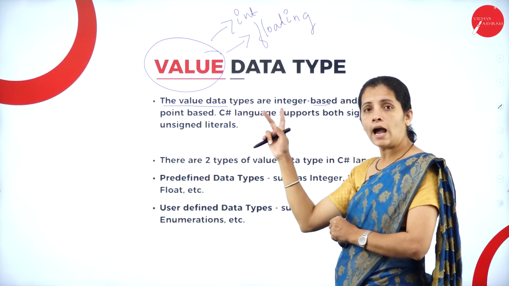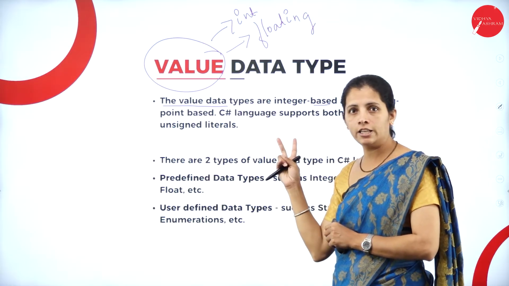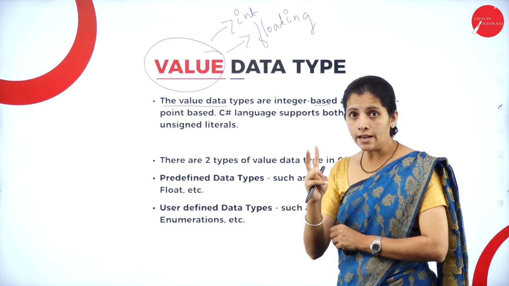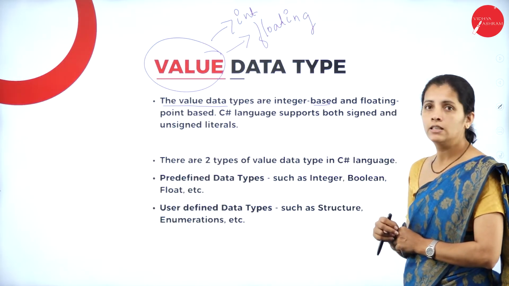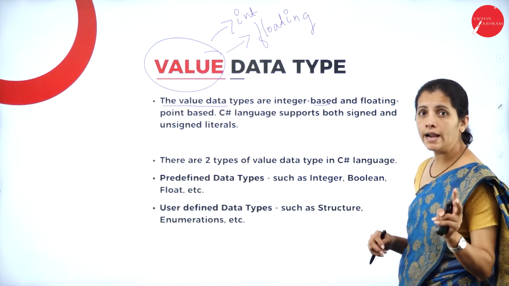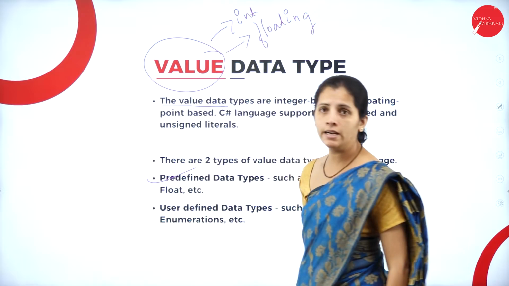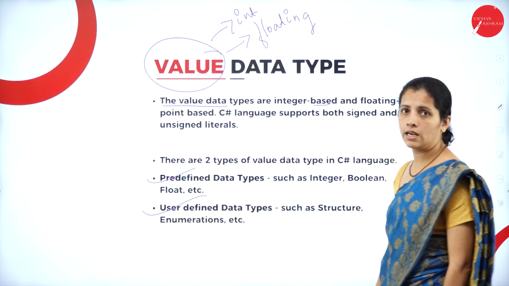And here I have signed integer or unsigned integer. Along with that, I have unsigned floating point and signed floating point. Now, these value data types are classified into two types, that is predefined data type and user-defined data type.